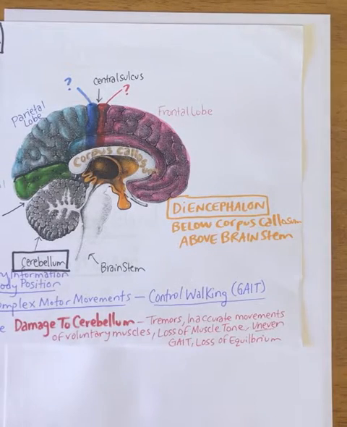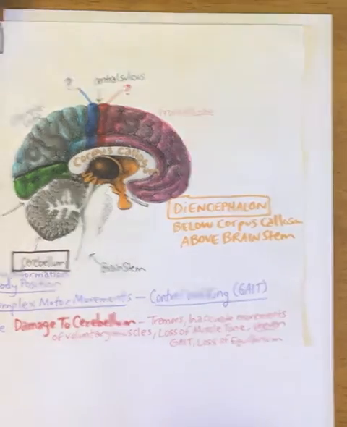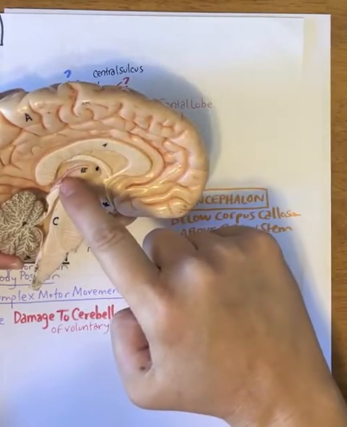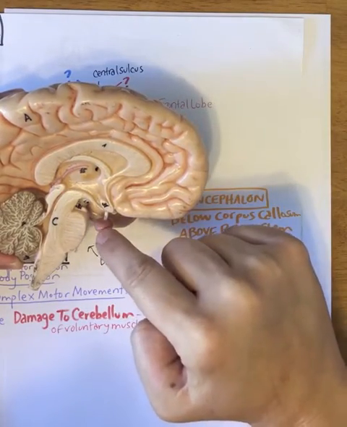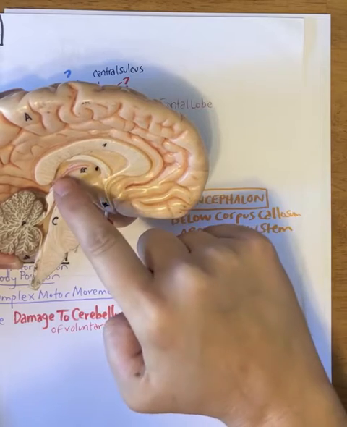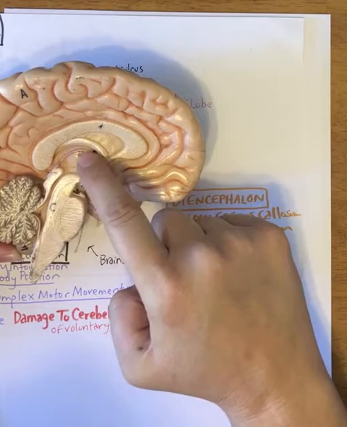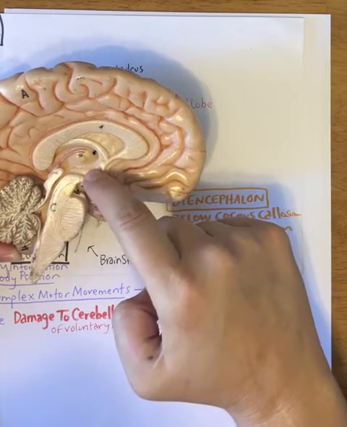Now, I do want to show you on the brain model. If I took a left cerebral hemisphere, this would look like the picture. So your diencephalon is under the corpus callosum. It is going to have the pituitary gland and the pineal gland, which are pink. It's going to have this right here, which is the thalamus, and then your hypothalamus.